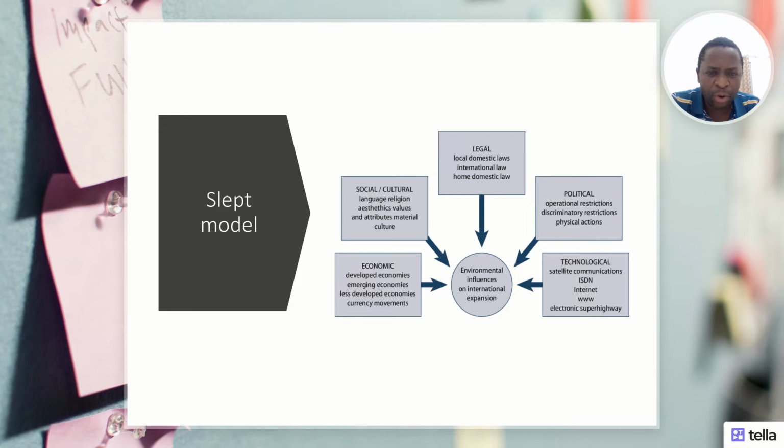Let me dwell a little bit on the social and cultural aspects. This involves religion, language, and some unwritten norms and values which may exist as you move to global markets. You need to understand the cultural differences.